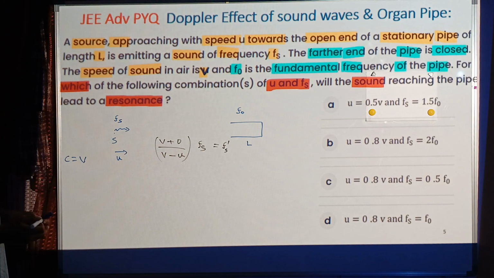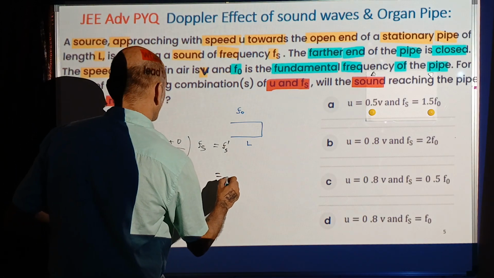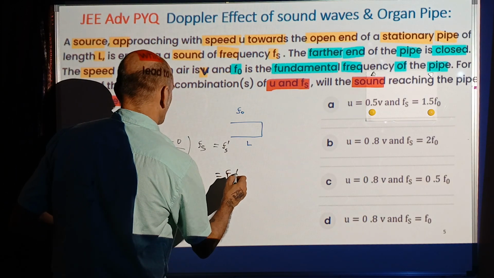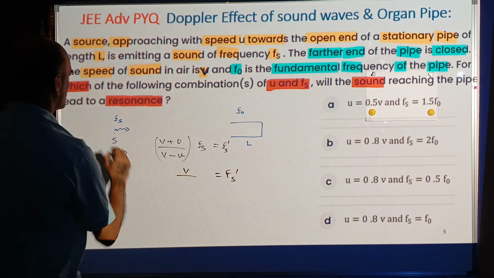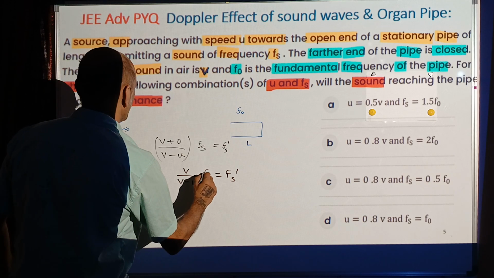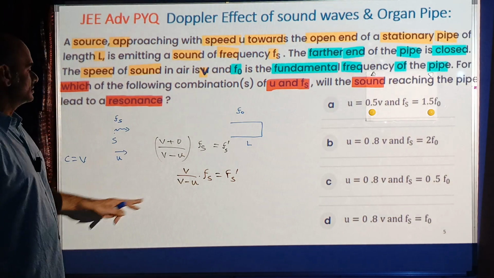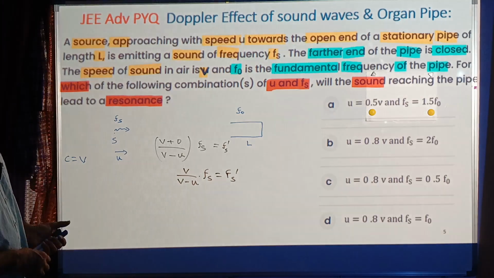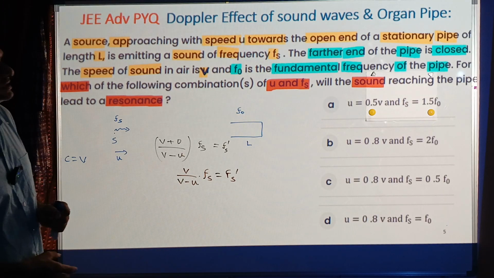So it should be a minus sign here. So the observed frequency at the pipe location is the frequency of the sound emitted by the source multiplied by a factor v by v minus u. v is the sound speed, u is the speed of the source. So for this multiple choice question, now we check each and every option.